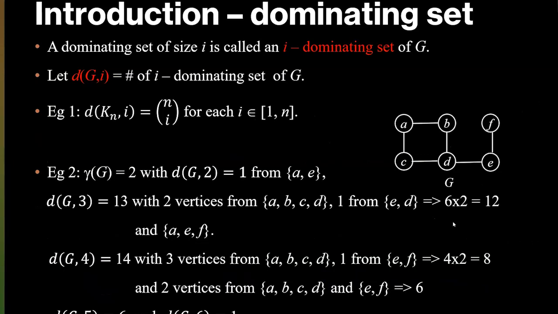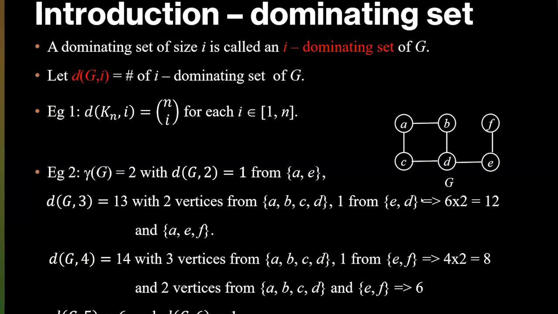I believe some of us today may not know very well about this concept of dominating sets and domination polynomial, so I'm going to explain it in more detail using this simple graph G here.